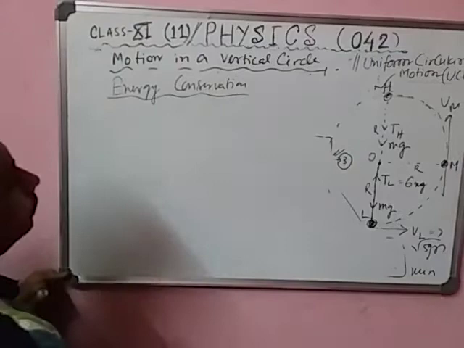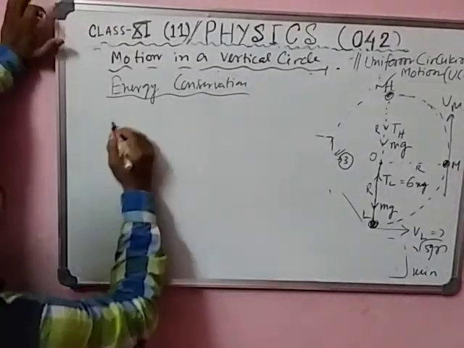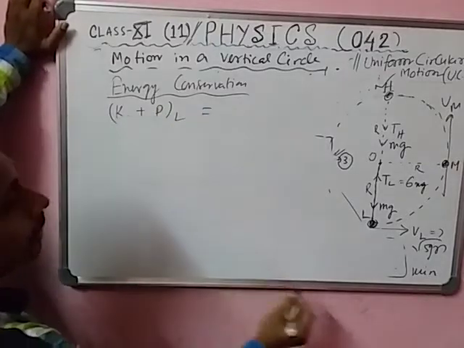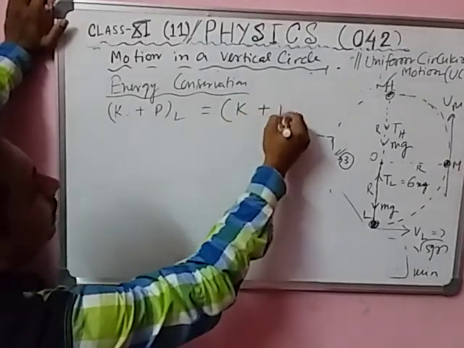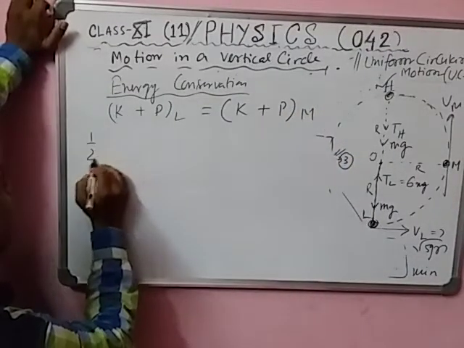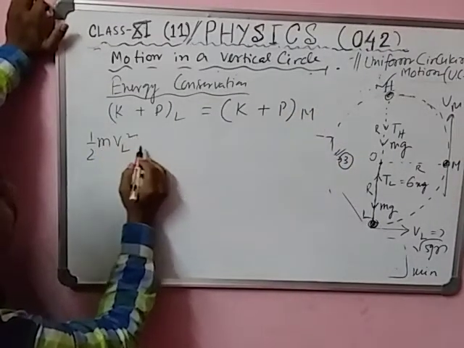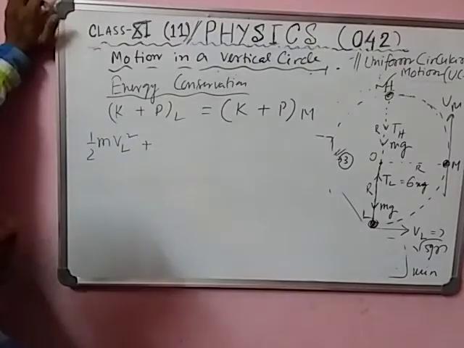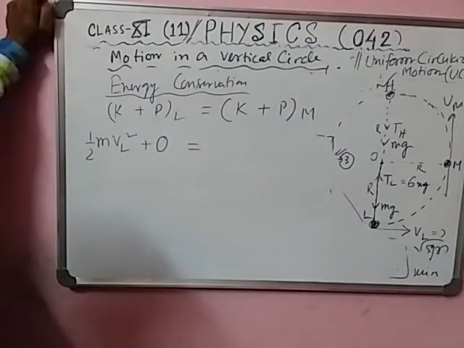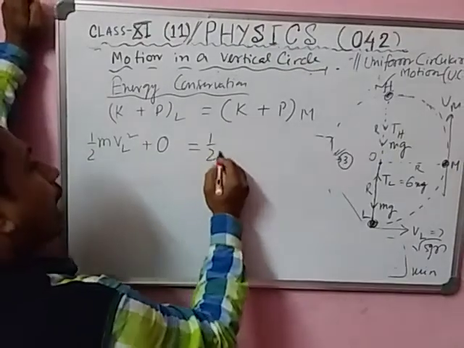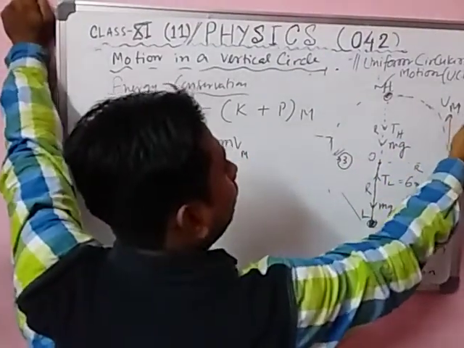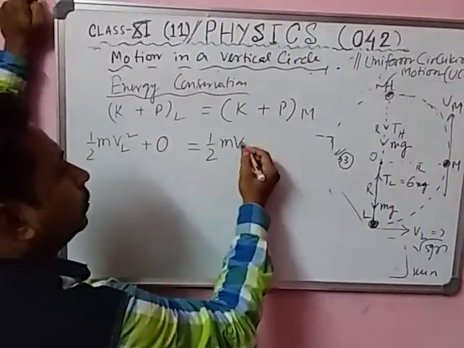Energy conservation. At the lowest point you can write total energy, kinetic plus potential at the lower point, and at the midpoint also kinetic plus potential. So kinetic energy means half m VL square. See, there is no question of potential energy because there is no height, so put 0. Now for kinetic energy at the midpoint you know half m, suppose the velocity at the midpoint is Vm, so Vm square.